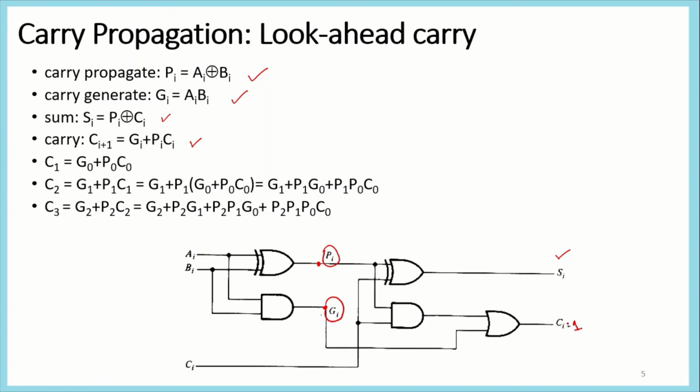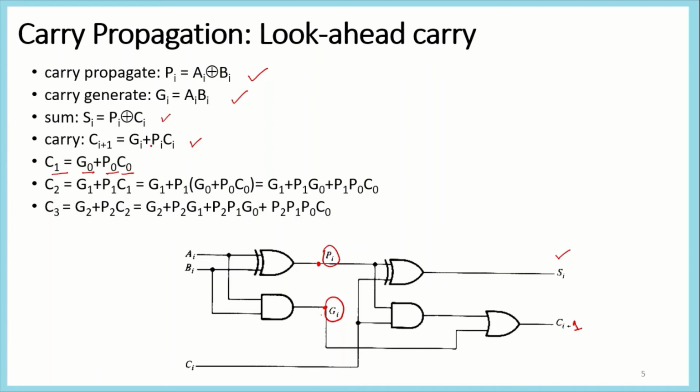Similarly, by using simple math, all these carry equations are calculated here. In all these equations, if you note, the only carry involved is C0, which is nothing but Cin, which means it will only depend on the input Cin. In order to understand the reduced delay, let's look at this logic diagram.